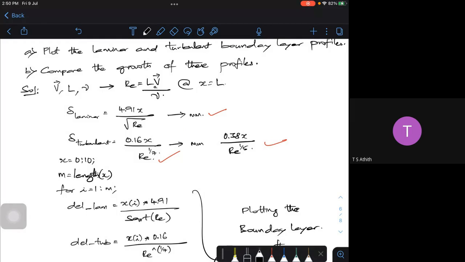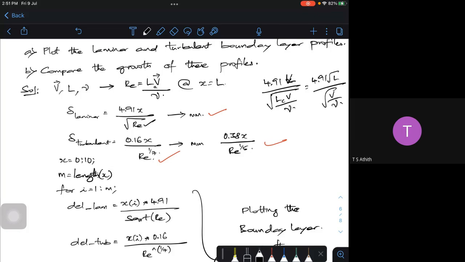So here I am going to use 4.91 into x, square root of L into V by rho. This x is also L actually. So what I'm going to get is 4.91 square root of L divided by square root of V by rho.